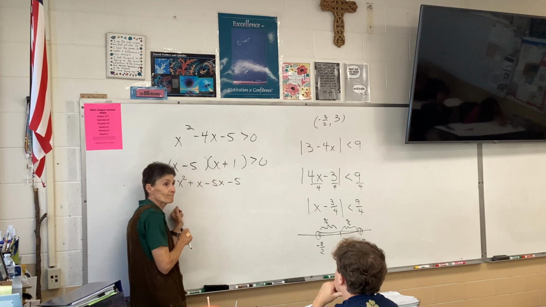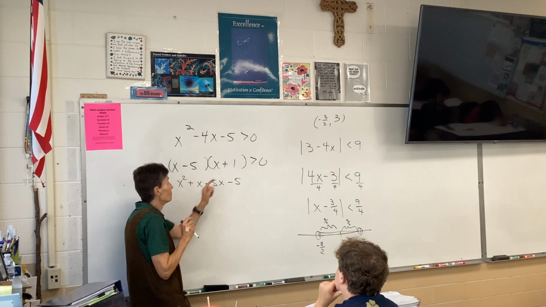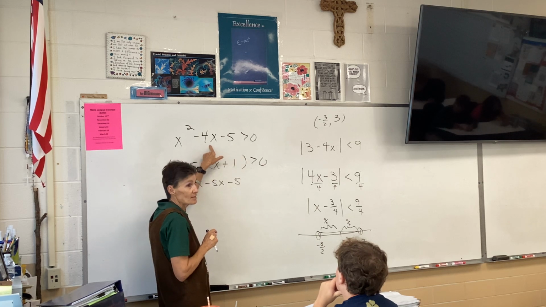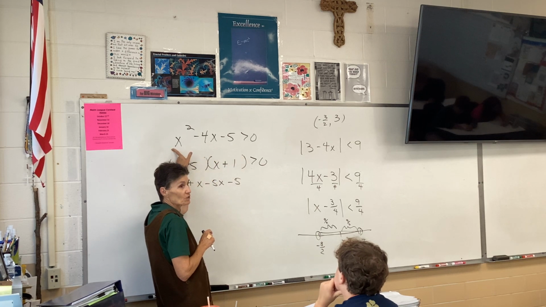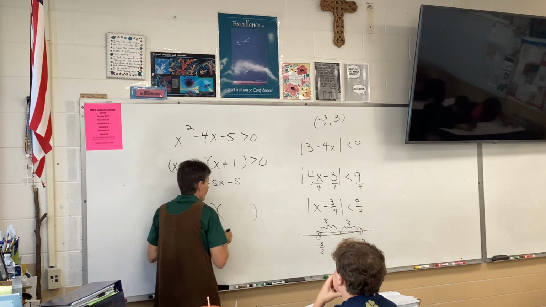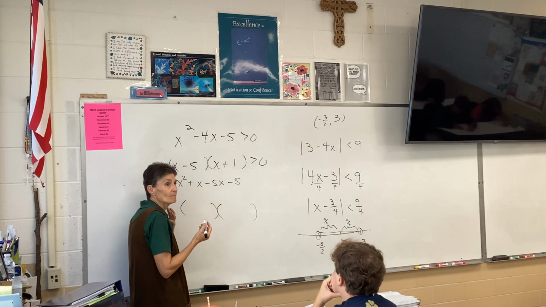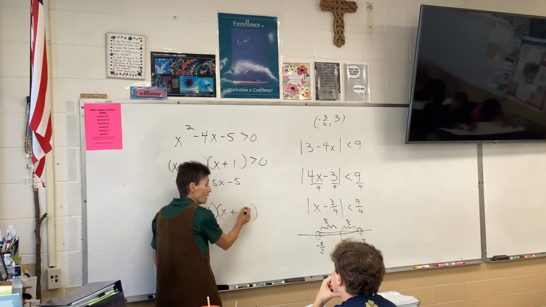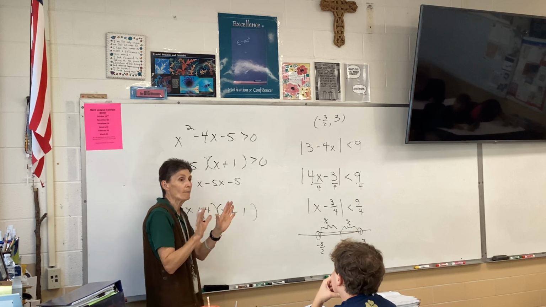No, that's wrong. Whatever you thought there, that's wrong. It multiplies to this number and adds to this one as long as there's no coefficient out in front. Leilani, what was your guess? I thought it was gonna be negative 4 plus 1. Minus 4 plus 1? Yeah.